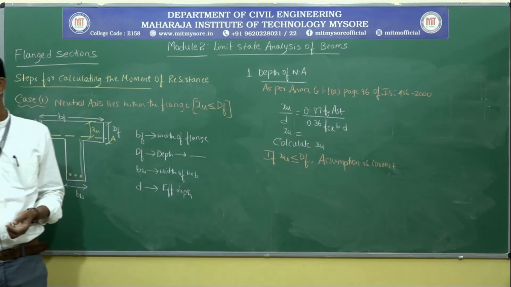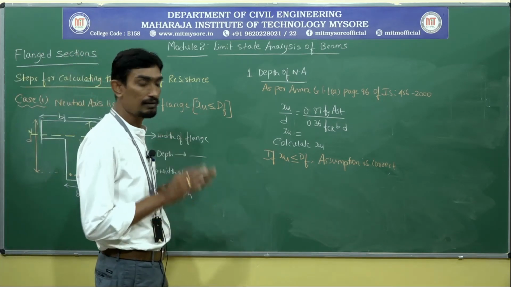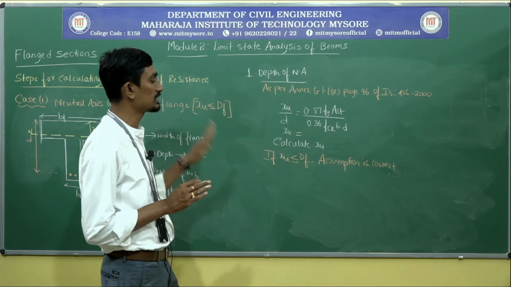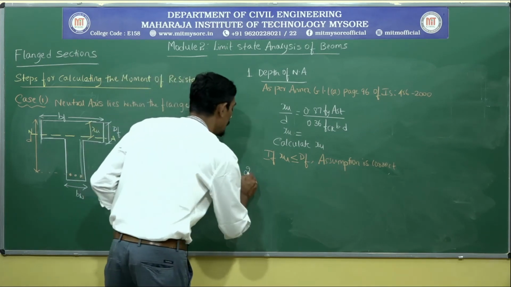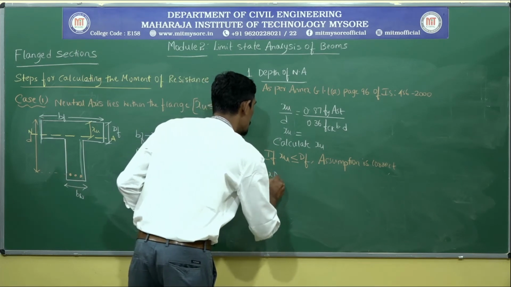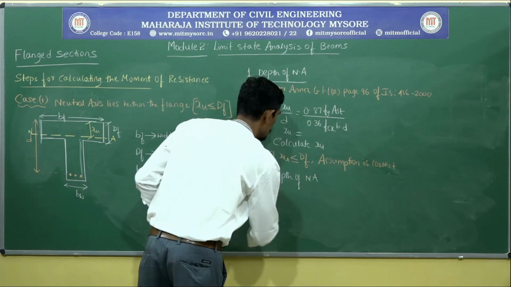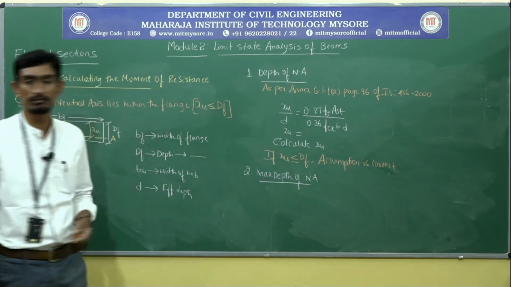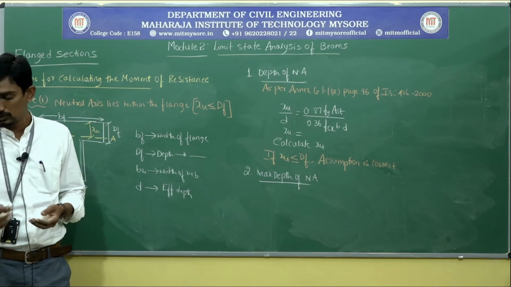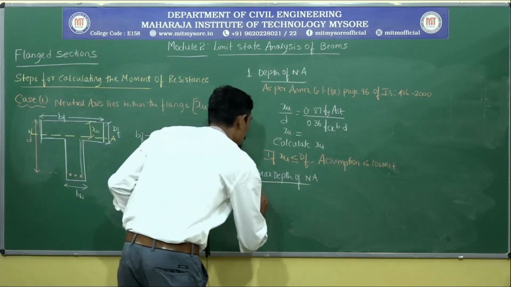Next, after calculating this, if whatever assumption has been made is correct, then proceed with the next step, that is maximum depth of neutral axis. No change, the same thing we are going to follow.